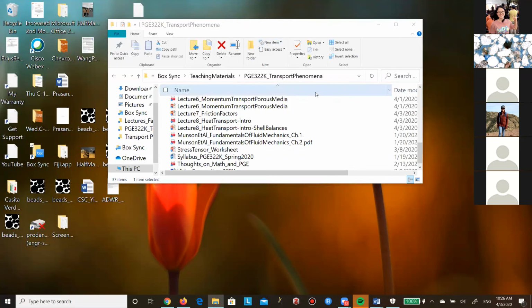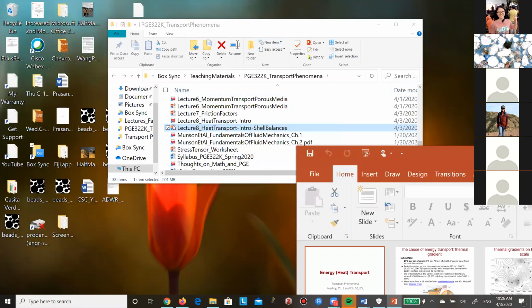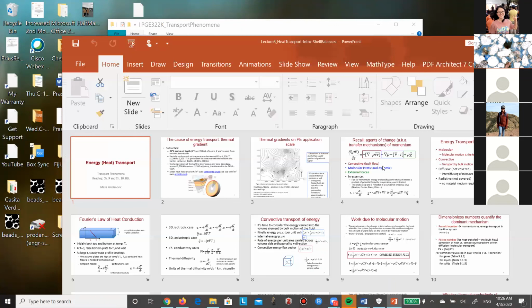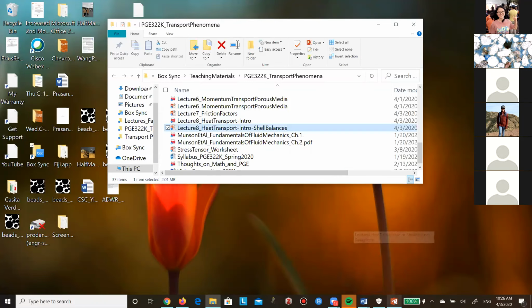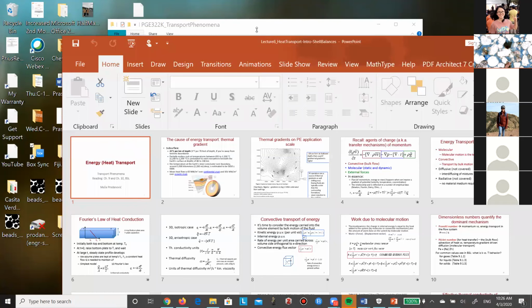So we actually have a new lecture that we are starting today, and that is heat transport. We will go through similar motions of working through shell balances when solving the problems, but you will have an option of also just applying the formulas. So let's get going.